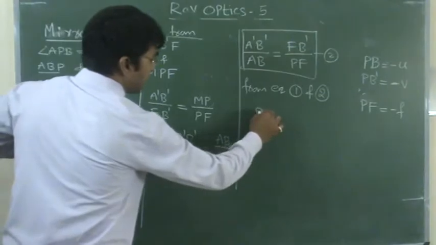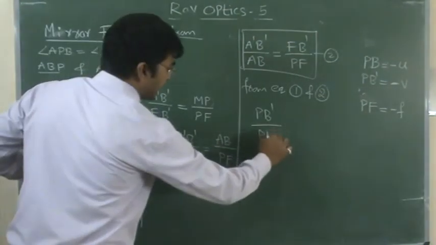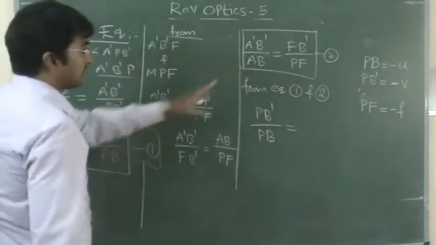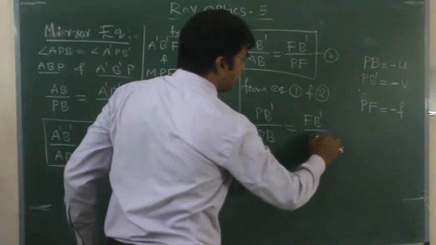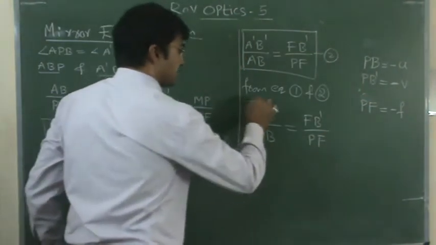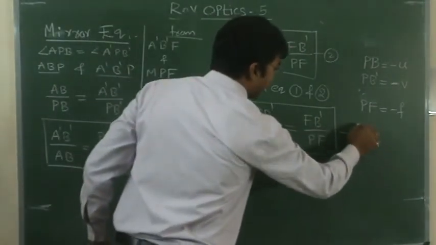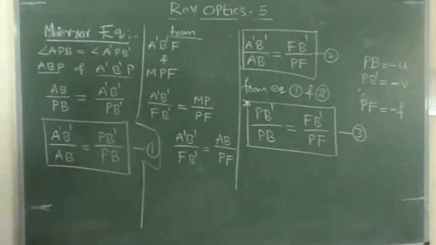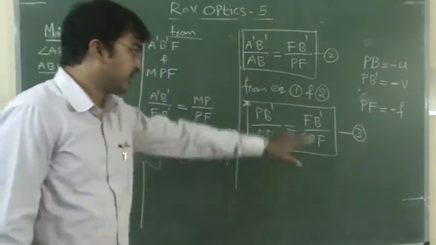Then PB' divided by PB is equal to FB' divided by PF. So this is our main equation number 3. If you got this, almost we finished. Almost we come to the end of the part.